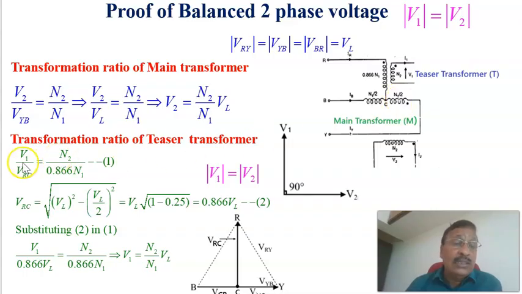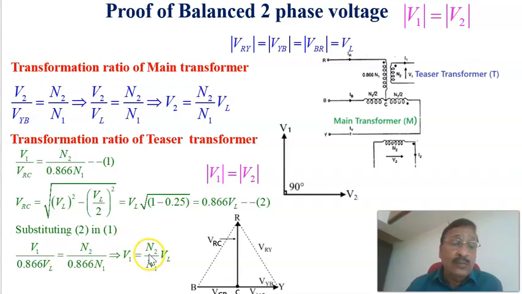Substituting 2 in 1, V1 divided by VRC, 0.866 VL, equals N2 divided by the number of turns here, which is 0.866 N1. We will be getting the voltage V1, the output of the teaser secondary, with magnitude equal to N2 by N1 into the line voltage.